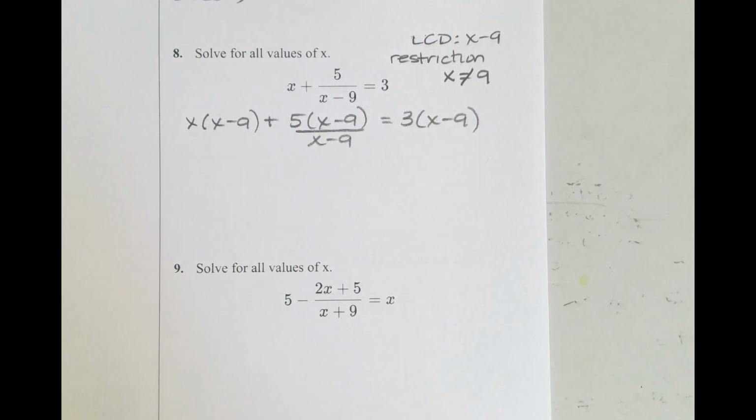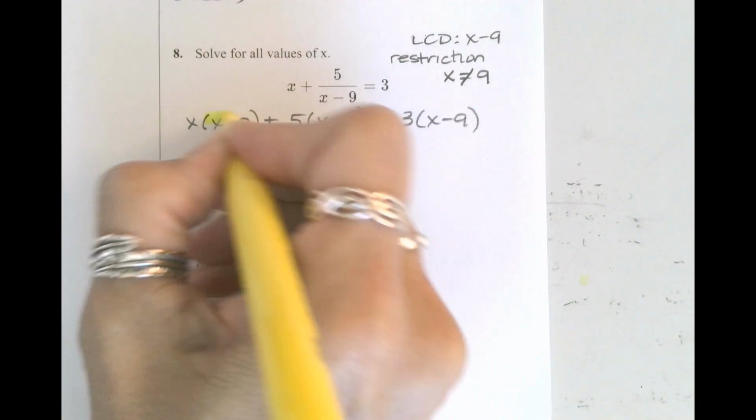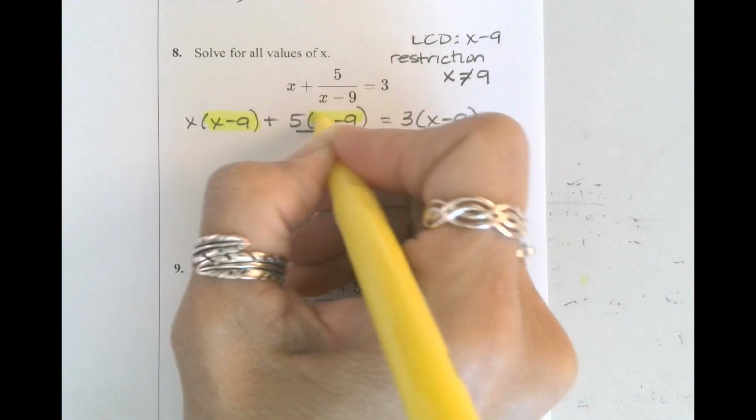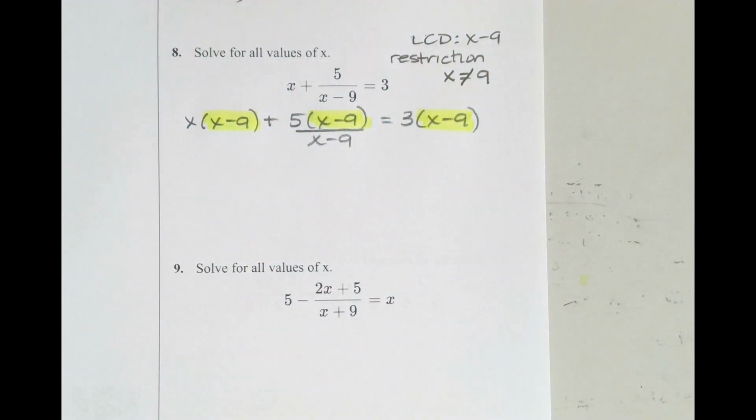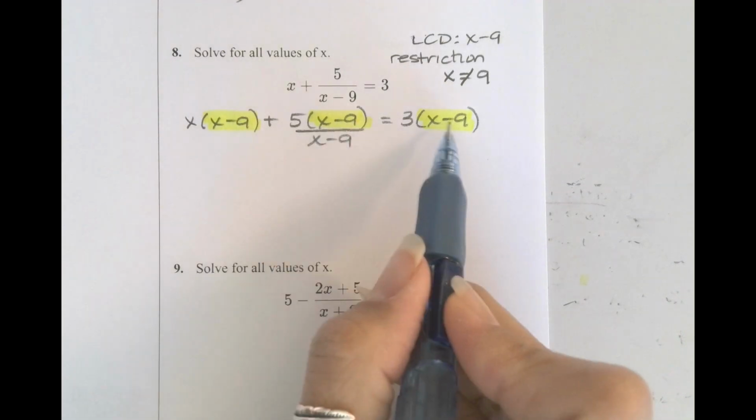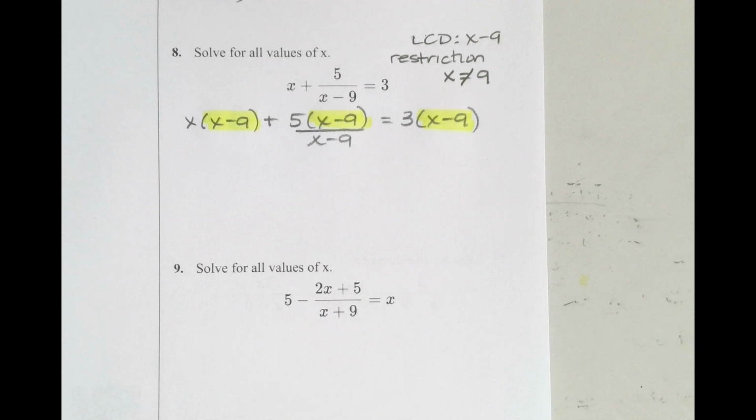And again, anytime you rewrite, make sure that your LCD, if removed, should look like the original problem. So if I removed every single one of those yellow positions, it should look like your original problem, okay? So don't mistakenly add too many extra LCDs.